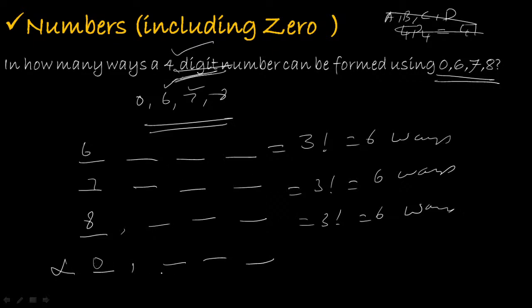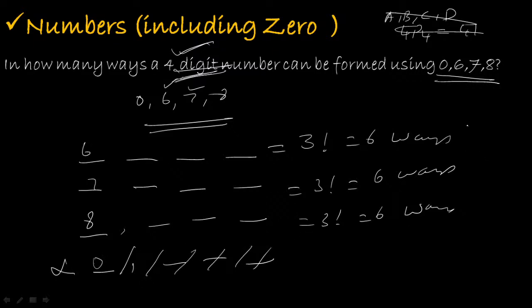But the question is that you have to form a 4-digit number using these digits. So you can't take 0 at the beginning, because then the 4-digit number becomes a 3-digit number. So you omit this choice.